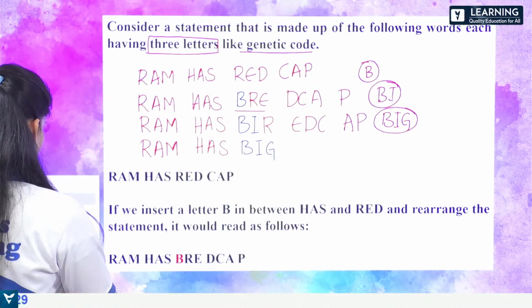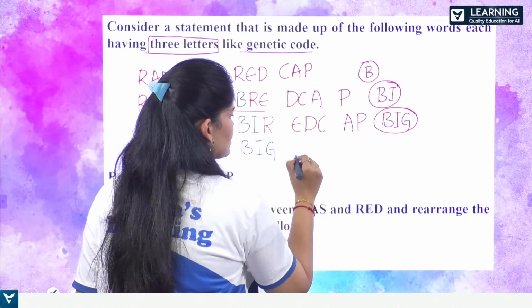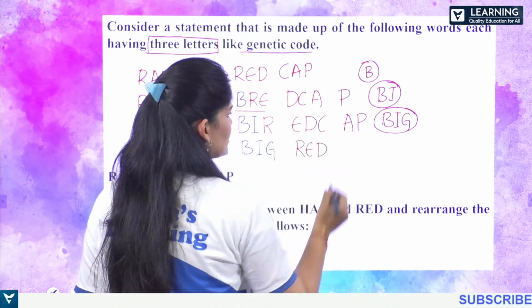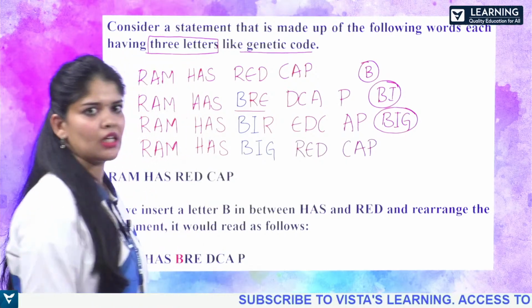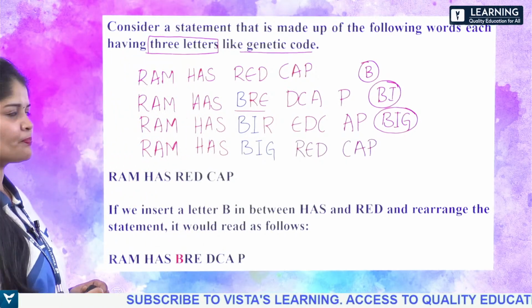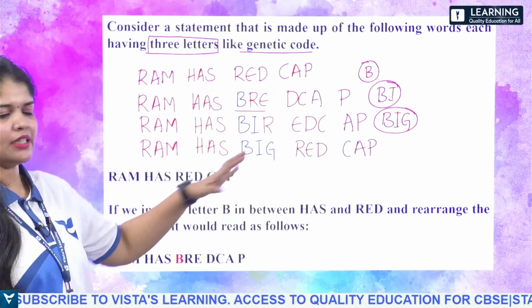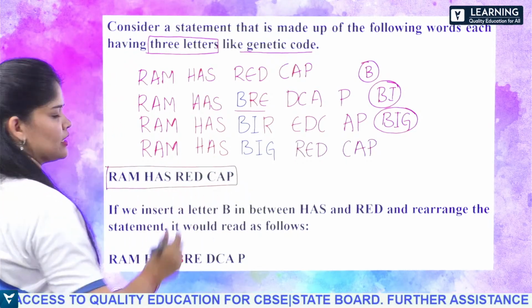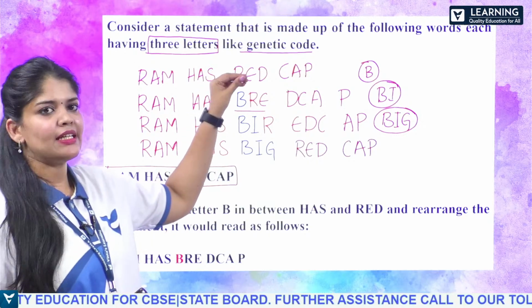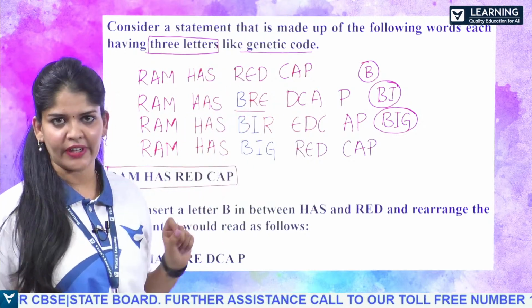Okay. Then, this R will shift to the next codon and this C will shift to the next codon. So here what happened is, this is the original statement, right? We keep on inserting one letter after another.